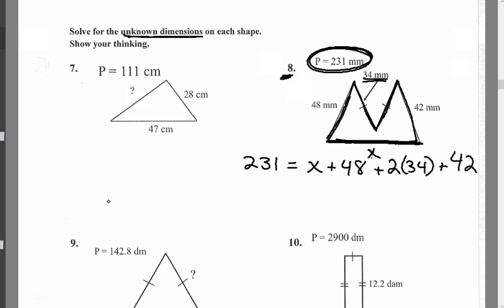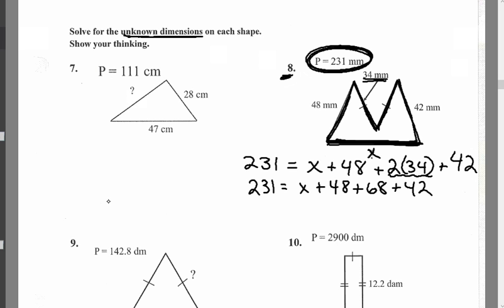So I still write a simplified expression, but this time I have an unknown x because I know perimeter. And now this goes to algebraic solving. Solve for x. What are you going to do to solve for x? Multiply if you can first. 231 equals x plus 48 plus 68 plus 42.